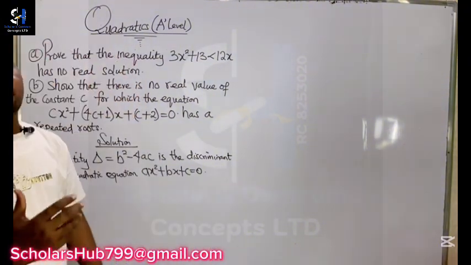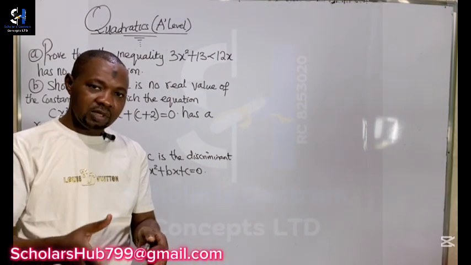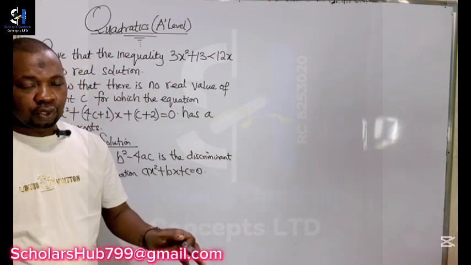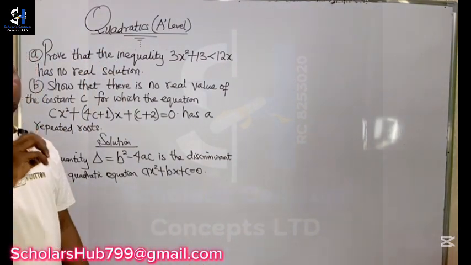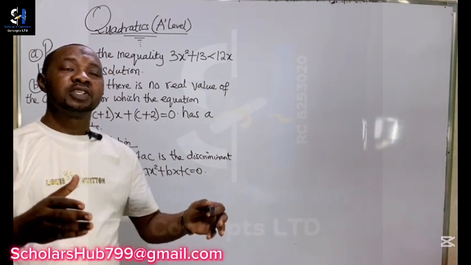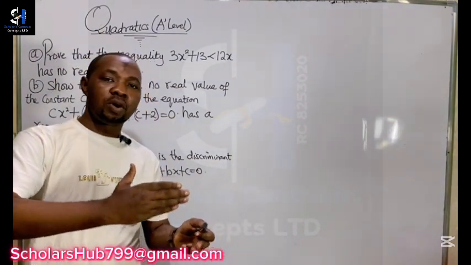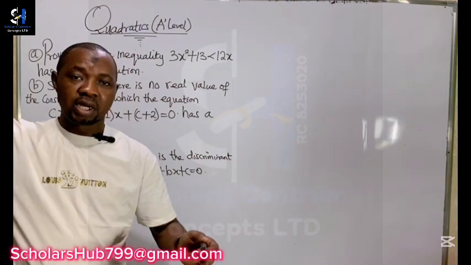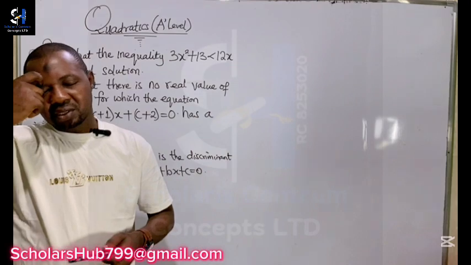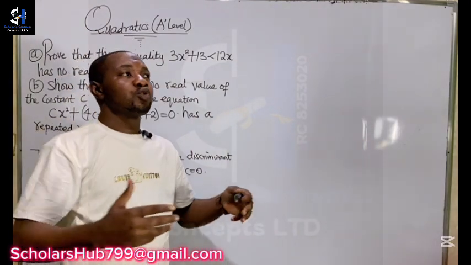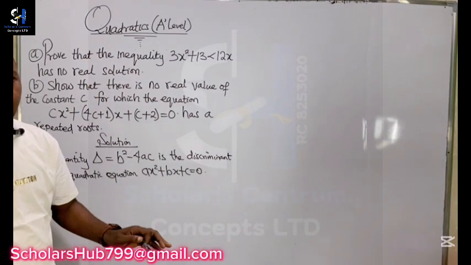But when the value of the discriminant is less than 0, then the associated equation will have no real root.